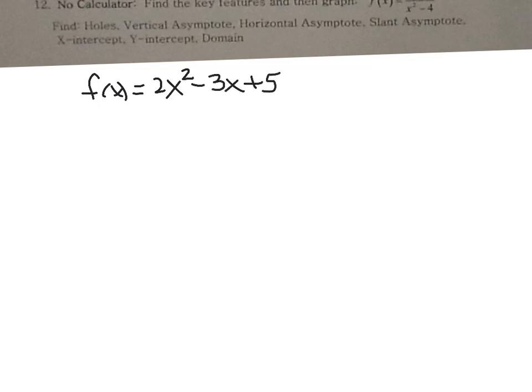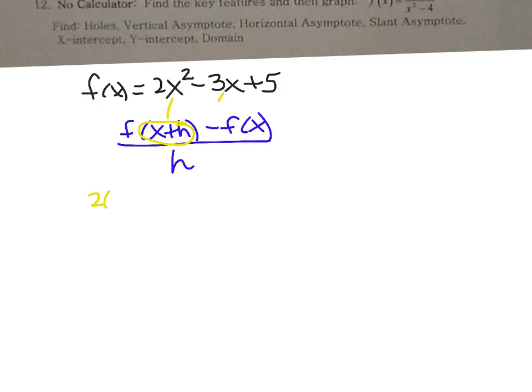And here's your difference quotient: f of x plus h minus f of x all over h. All right, so I'm going to start with this first. This is my input. I'm going to input that into all my x's. So it's 2 times x plus h squared minus 3 times x plus h plus 5. Now it's minus the whole function, so minus parentheses, 2x squared minus 3x plus 5, all over h.